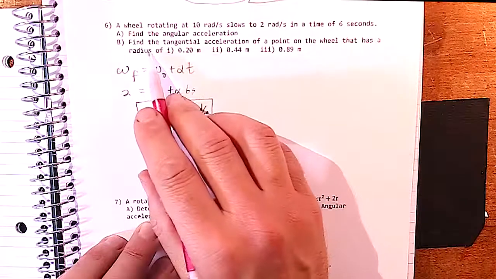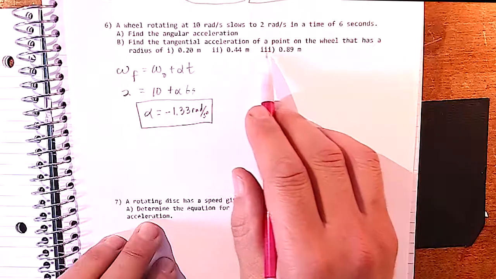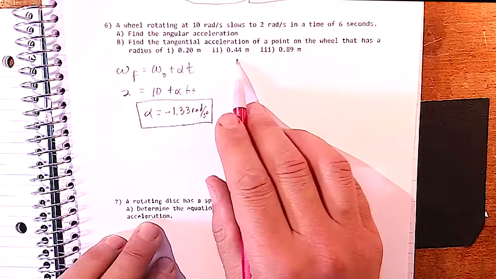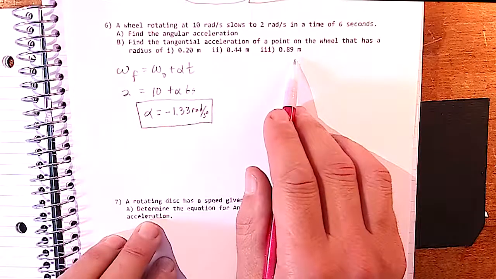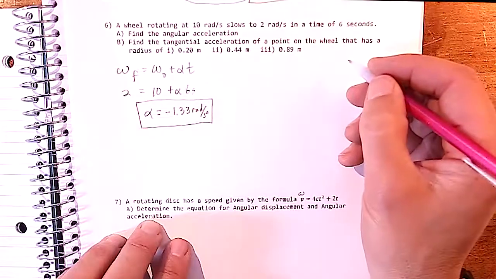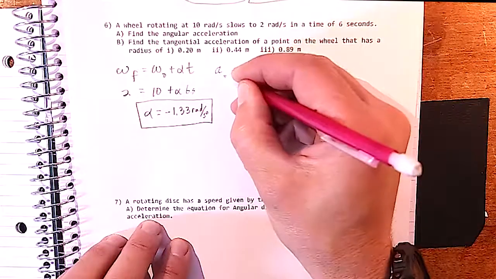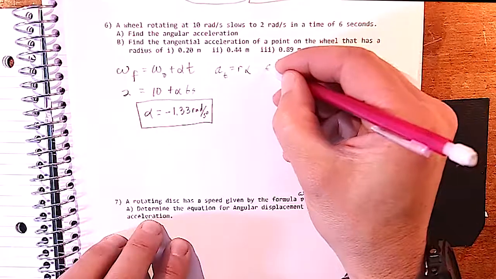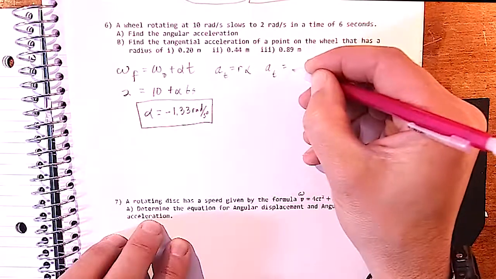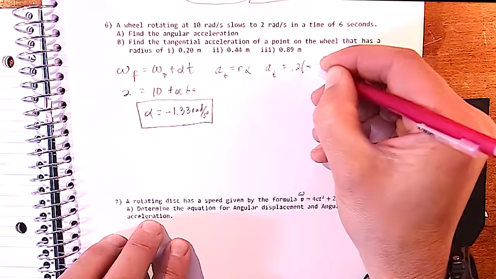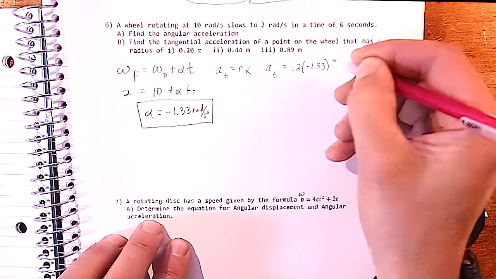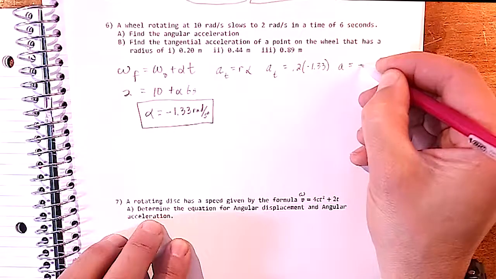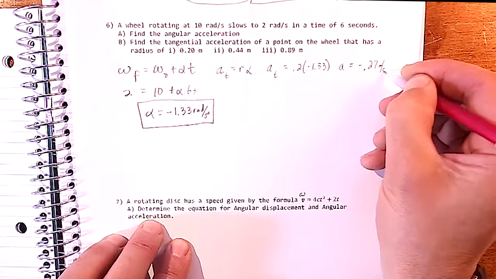The next question says, find the tangential acceleration of a point on the wheel that has a radius of 0.2 meters, 0.44, and 0.89. So to be able to find that tangential acceleration, we're going to have to do r alpha. So we're going to have a tangential is equal to 0.2 times negative 1.33. So that's a tangential acceleration of negative 0.27 meters per second squared.